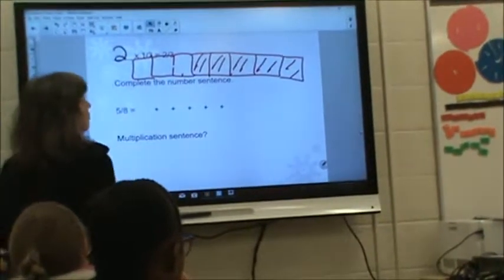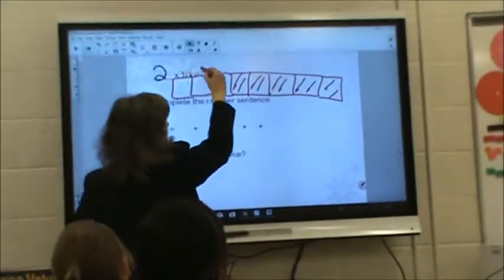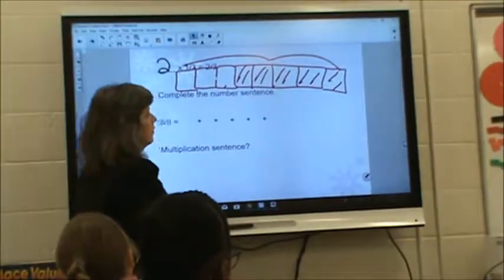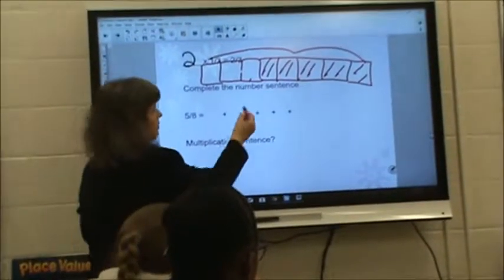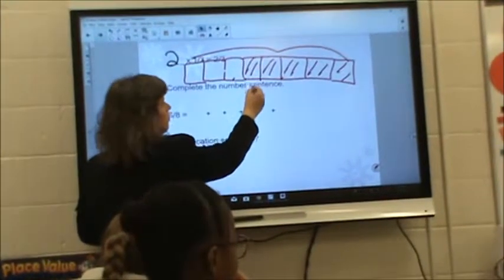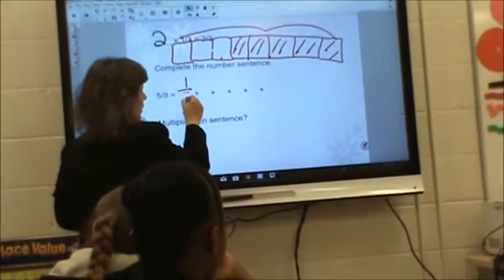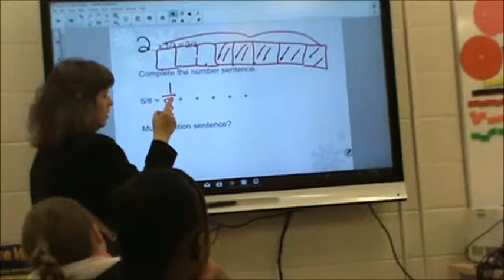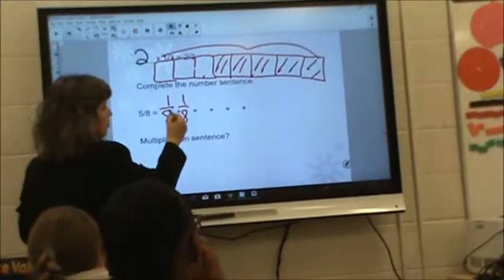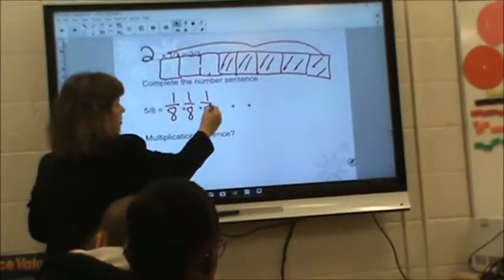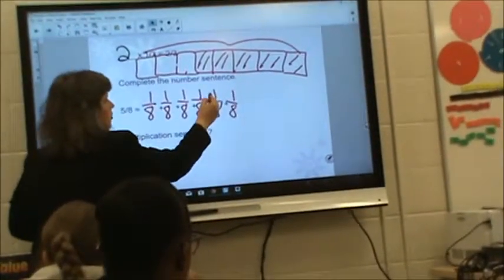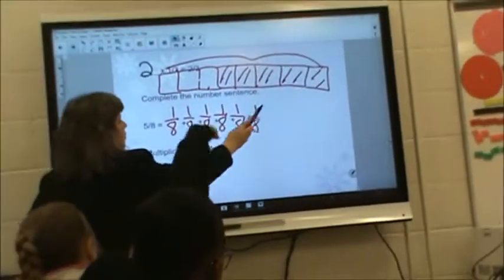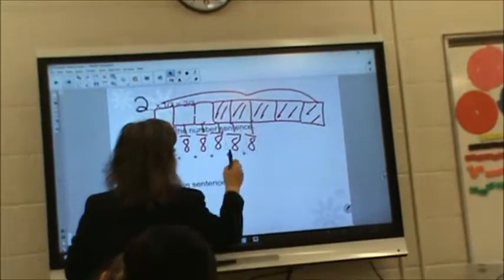And this is 1 whole. How would I add these together as units? How many do we have here shaded? Okay, let's just say 1/8. Our whole is 8. Can we do another 8? Another 8, another 8, another 8, and another 8. 1, 2, 3, 4, 5. One too many. All right.